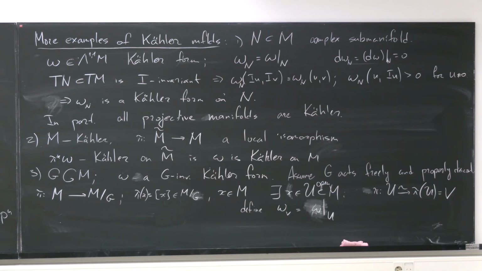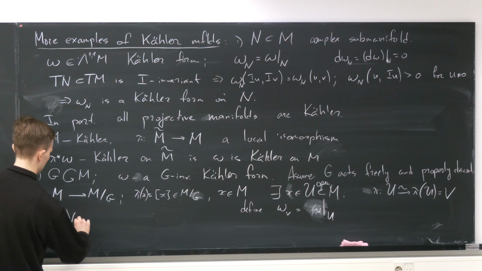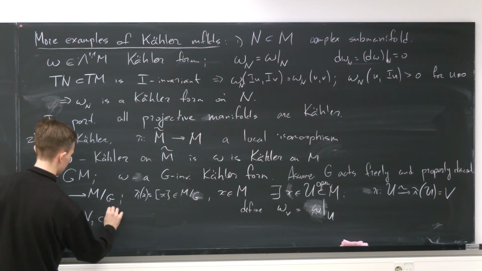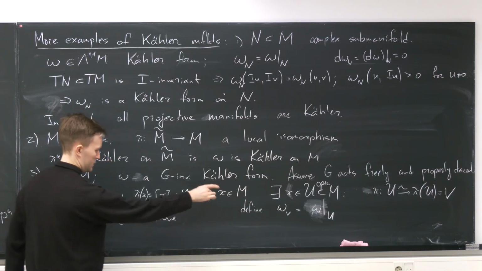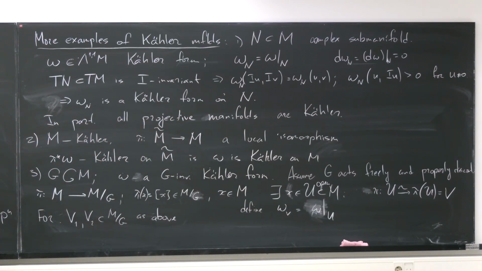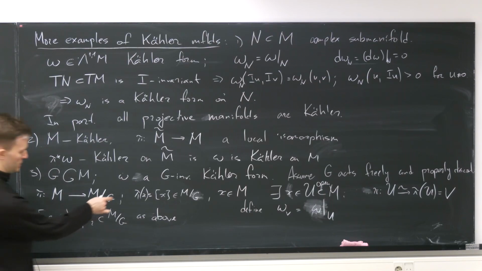And then I claim that all such omega V's for different open subsets V, they all glue together to a Kähler form, just because if we have different open subsets V1 and V2 as above, we have these two preimages of these open subsets in M, and on the overlap somehow we go from one preimage to the other by the G action.